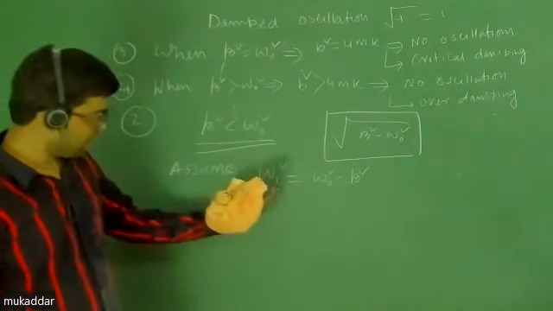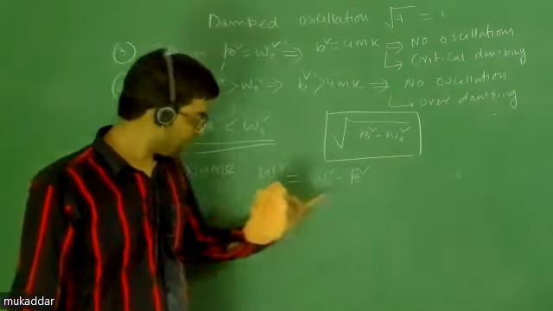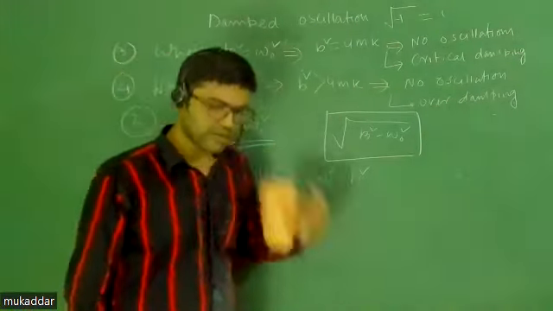I'll assume some frequency omega on, with omega on square equal to omega naught square minus beta square, and substitute this in your general equation.